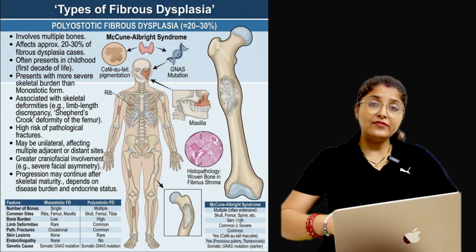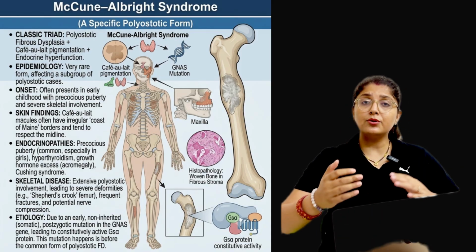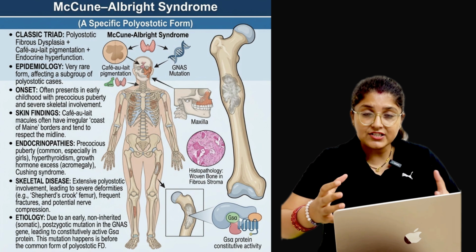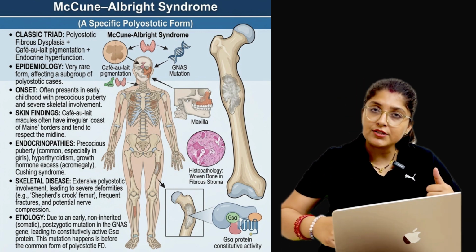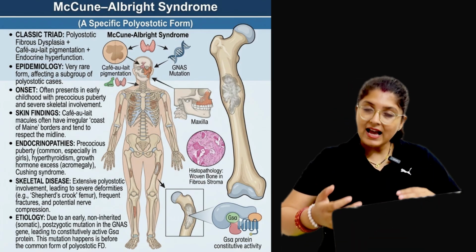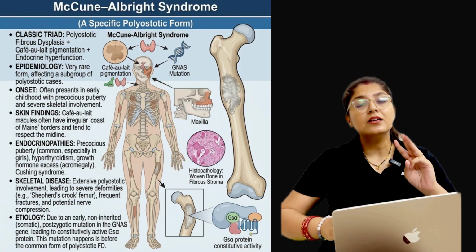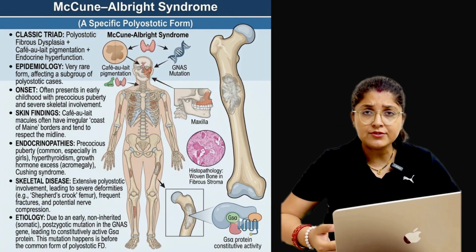And lastly, if we talk about McCune-Albright syndrome, now this is a syndrome, so we have different clinical features or a triad which are seen. Okay, and this triad includes firstly polyostotic fibrous dysplasia, then we have café-au-lait spots, and with this precocious puberty can be seen. So three things are to be kept in mind for McCune-Albright syndrome.